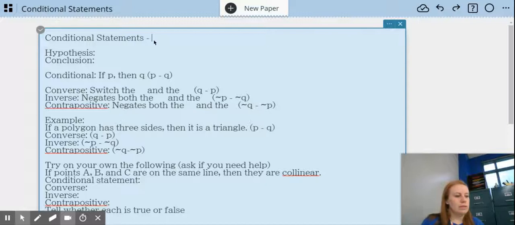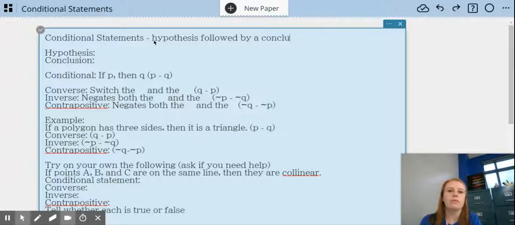Conditional statements are a hypothesis followed by a conclusion. So generally they are in an if-then form. We write them if-then.